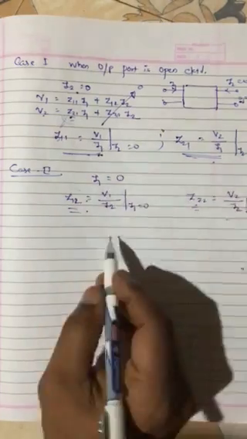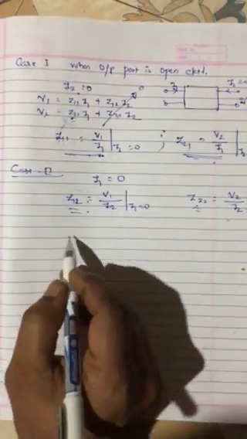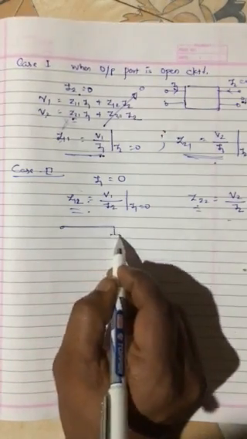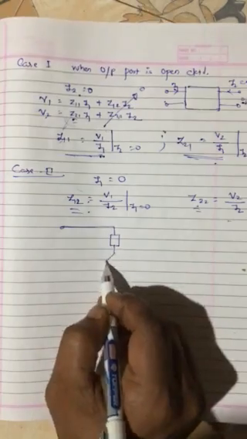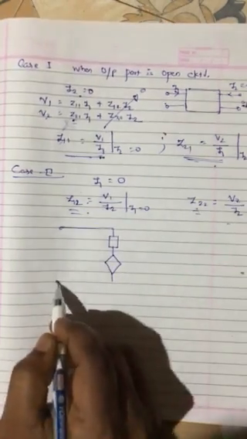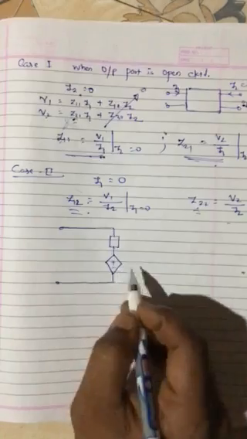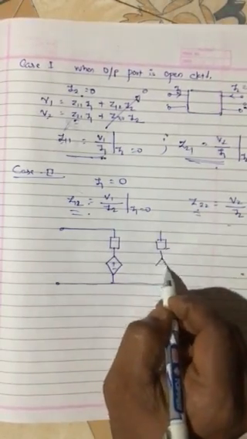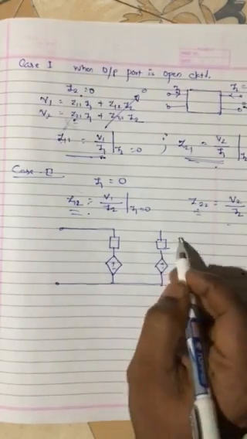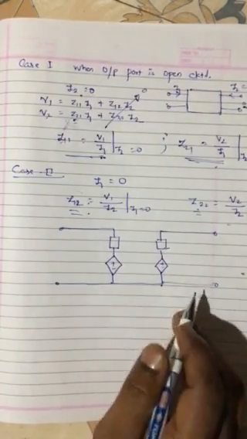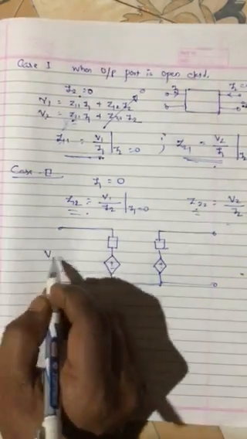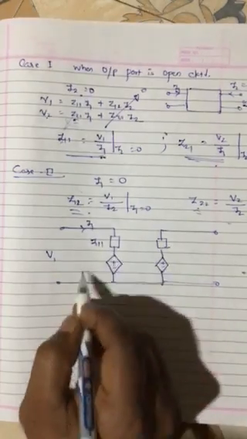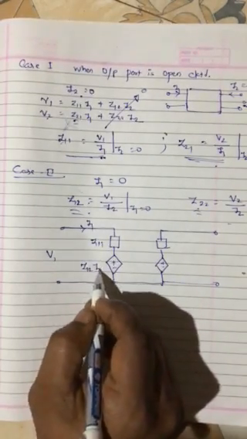Now by using all these four parameters we can represent it in an equivalent circuit, and the circuit will be like this. This is impedance Z11, and this is a dependent source. From this equation, this is V1, current I1, impedance Z11, and this is Z12 I2.